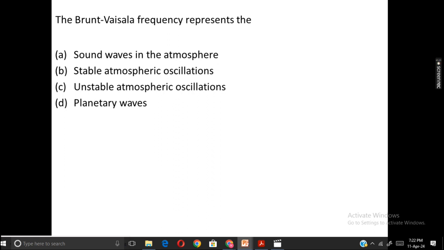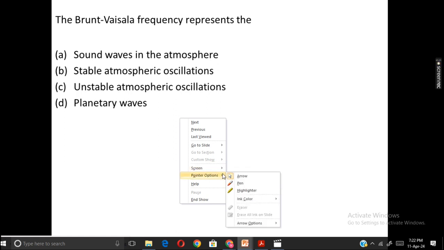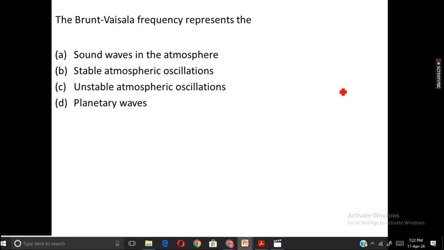Okay, so now the next question: the Brunt-Väisälä frequency represents what? The Brunt-Väisälä frequency is N square equal to g by Te into gamma d minus gamma.